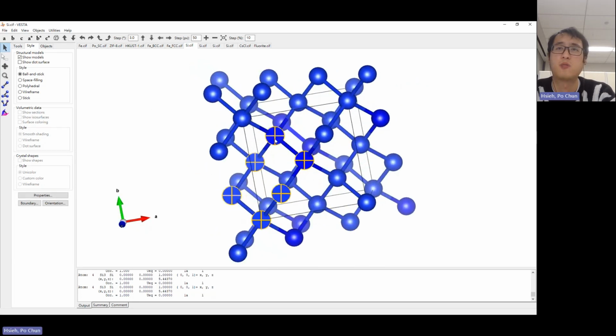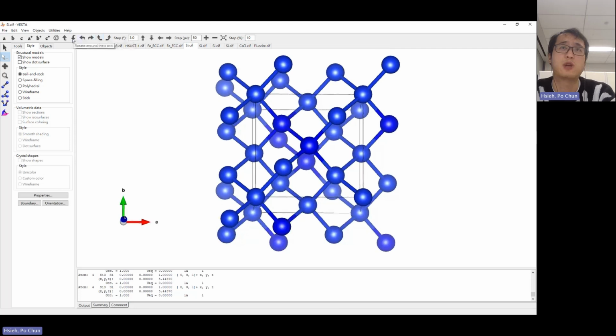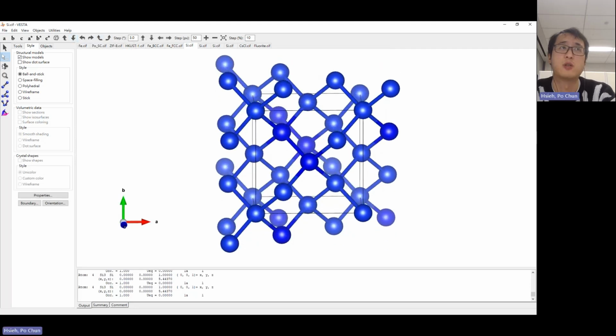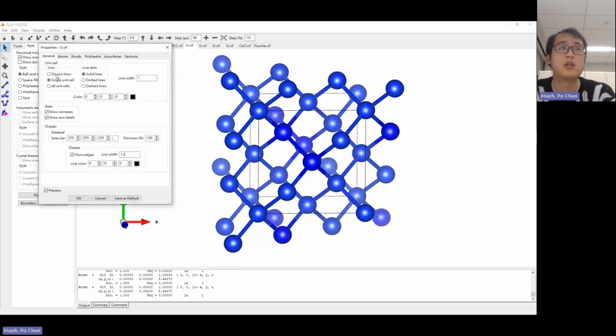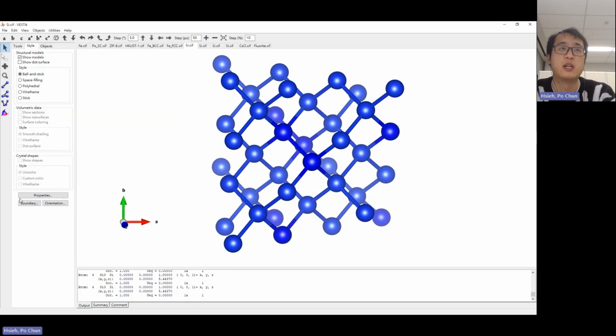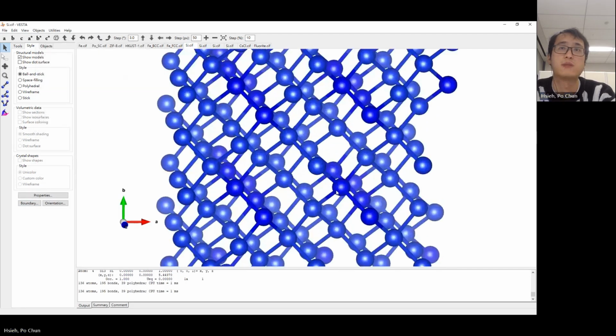No. So we cannot tell the crystal structure of this crystal in that way, actually. And it will be even more difficult for us if we cannot see the unit cell line and looking at the bigger picture, right? But this is how a crystal looks like in real life. So how do we do that?